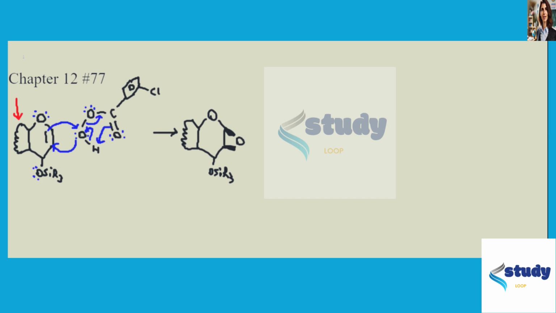And as I said, we're going to have the resulting benzoic acid, the byproduct of the MCPBA epoxidation, so that looks like this. Let me go ahead and put my lone pairs in.